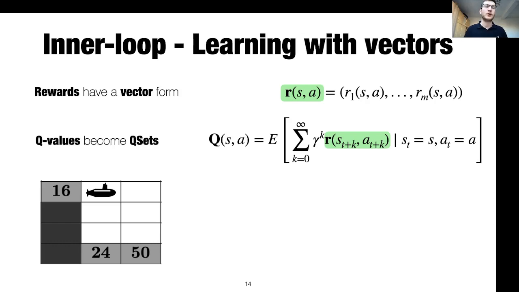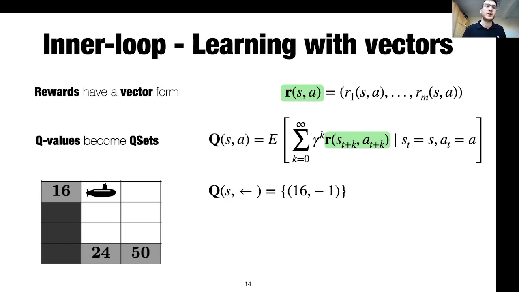Our Q values now become Q sets. If you remember from multi-objective optimization, our solutions are sets. So for example, in the subset of the deep sea treasure that you can see here, my Q set for going left is 16 minus 1, because if I go left, I have only one point since I finish my problem at this moment.